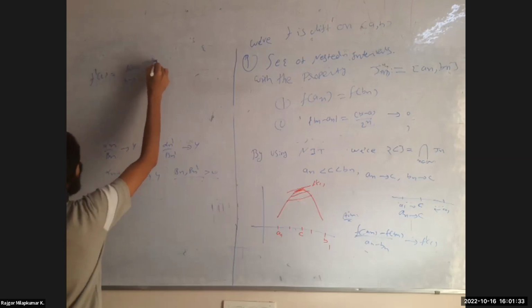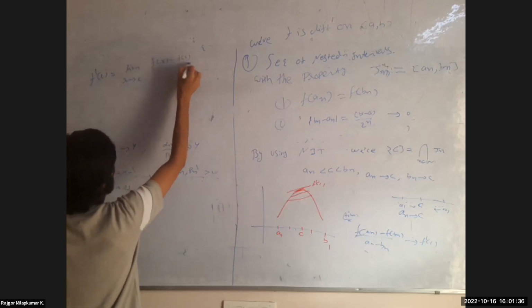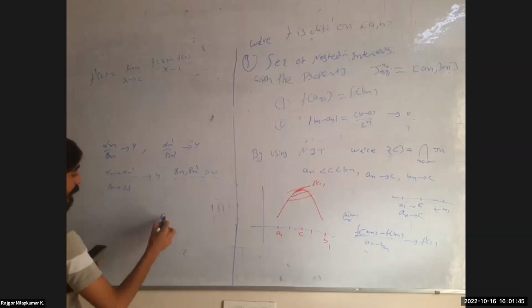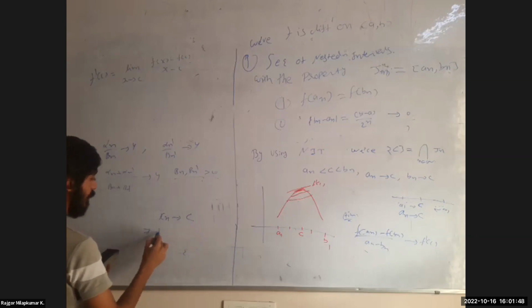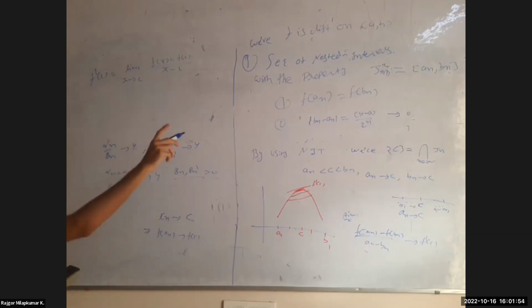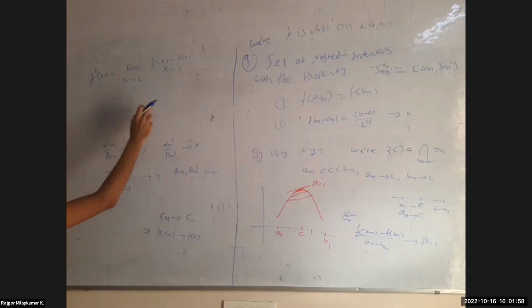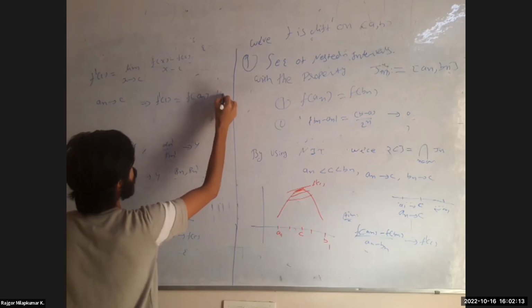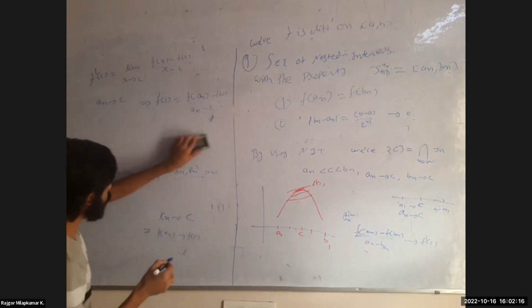The limit of x tends to C, f of x minus f of C upon x minus C. And we have also that if a function is continuous at some point C, then if I take any sequence xn that converges to C, this will imply that f of xn will converge to f of C. Since f is differentiable at C, if I choose this sequence an which converges to C, then f dash C is the limit of f of an minus f of C upon an minus C.